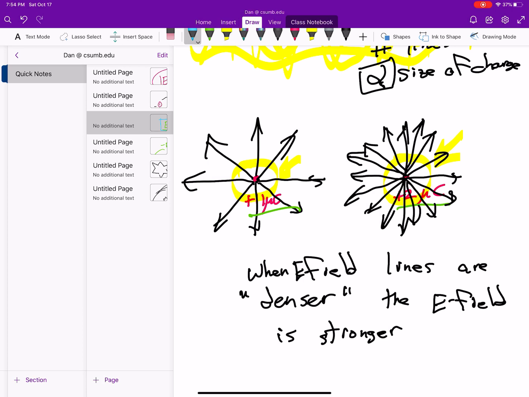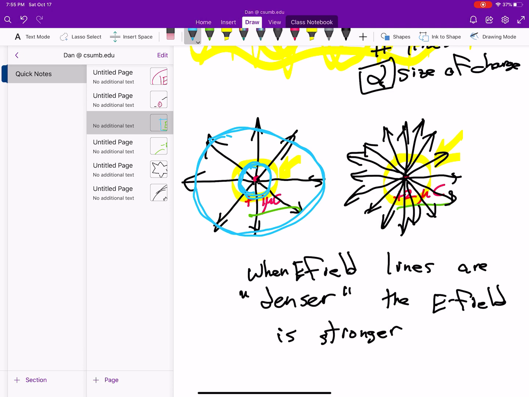All right, and you can also argue here that, sticking to the one on the left for the moment, closer in, that circle there has a smaller circumference than the one out here. In 3 dimensions, I would say this sphere has a smaller area than the sphere out here, yet they both have 8 field lines associated with them.